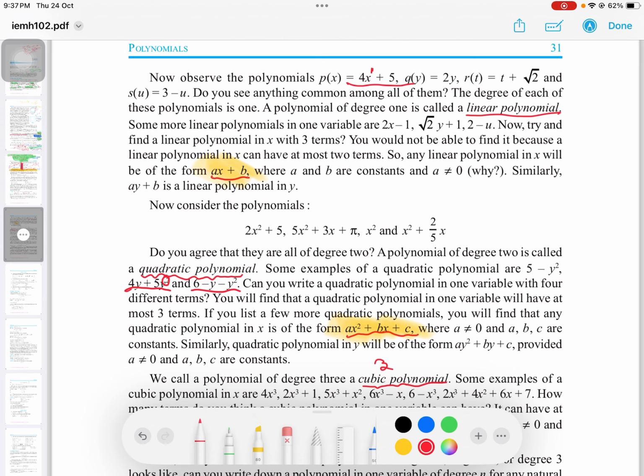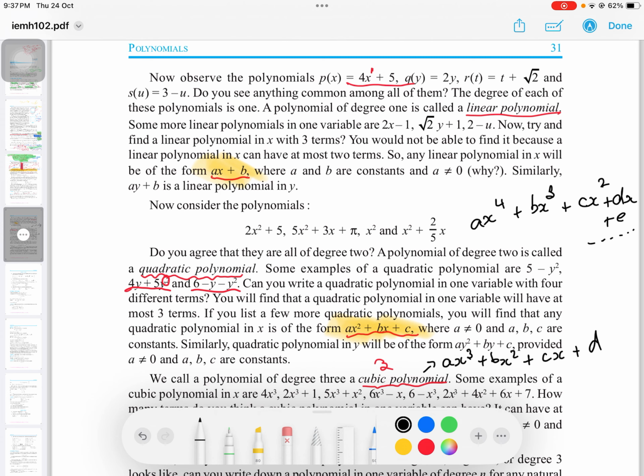If you observe this pattern, the general form of a cubic polynomial is ax cube plus bx square plus cx plus d. You try it yourself. After cubic, a degree 4 polynomial would look like ax power 4 plus bx cube plus cx square plus dx plus e.